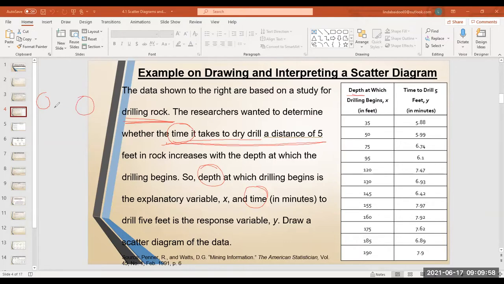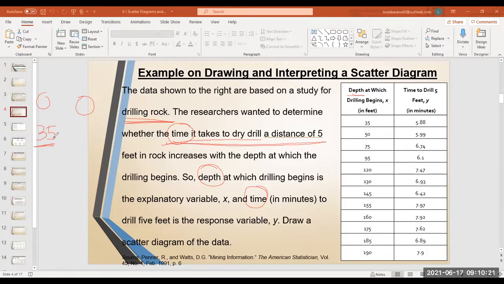Now you decide to dig. As you dig the hole, now you decide that you want to drill a hole of 35 feet. So the height is 35. As you drill, you start from 0. The beginning is 0, then you start drilling. As you drill it at a height of 35, it's taking time to do it.